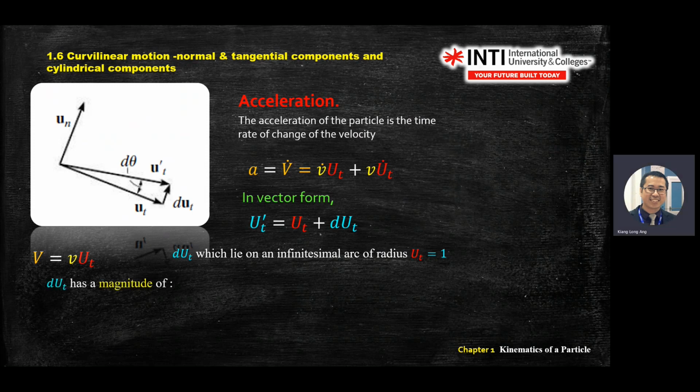So du has a magnitude of, how to find it? Just now I drew an arc like this, right? As s equals r theta, right? So how to find the magnitude of du? dut equals 1 times d theta, because the r here we put as 1.